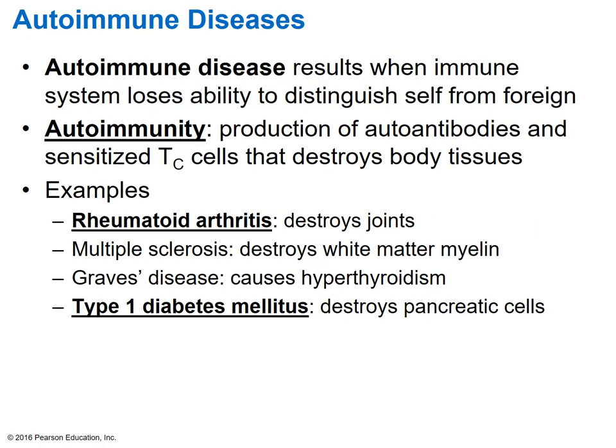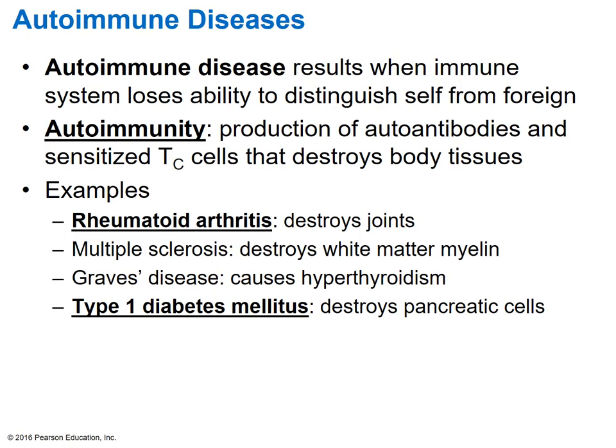There are other types of autoimmune diseases. Basically, what's happening with any autoimmune disease, the immune system now no longer distinguishes between self and non-self. And so it starts to attack everything. There are several different examples of autoimmune diseases.